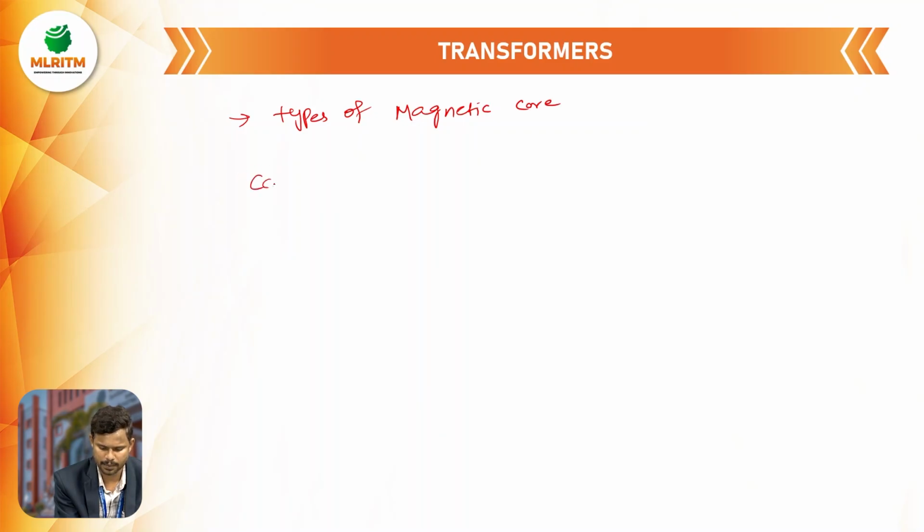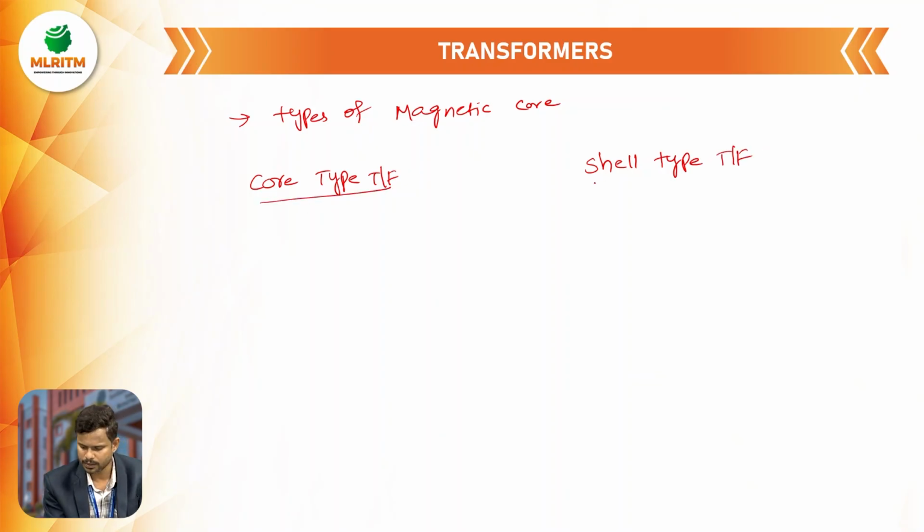One is a core type transformer, and another one is a shell type transformer. So what is the difference between a core type magnetic core transformer and a shell type transformer?